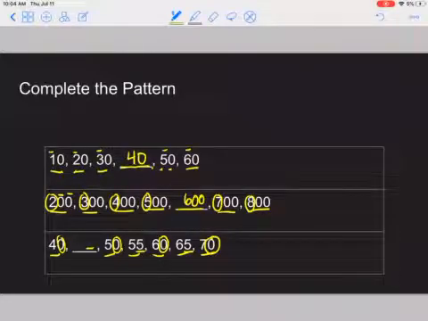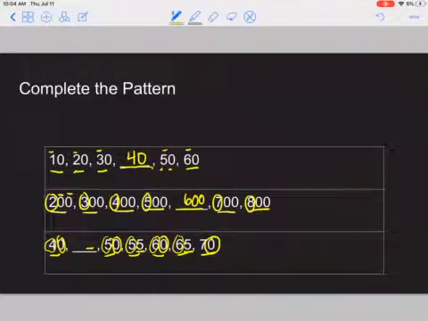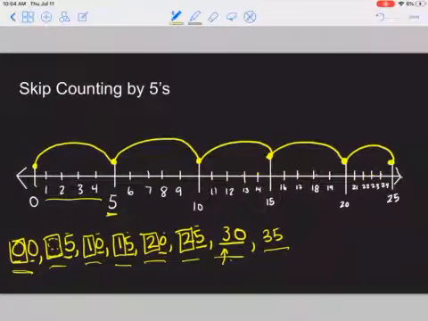I hope you said it's changing, because it is. Now let's look at our tens place. What's happening in our tens place? We have a 4, a blank, 5, 5, 6, 6, and a 7. That seems like a pattern we saw over here, right? 0, 0, 1, 1, 2, 2, 3, 3 in our tens place.